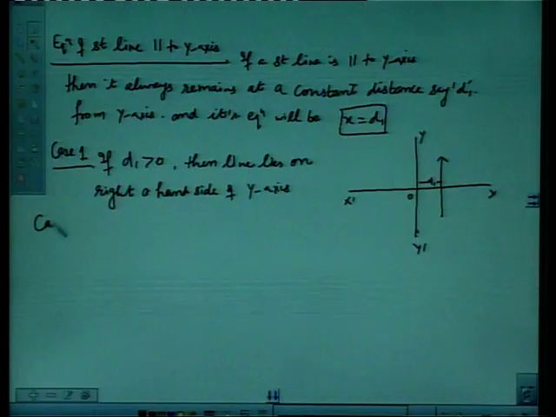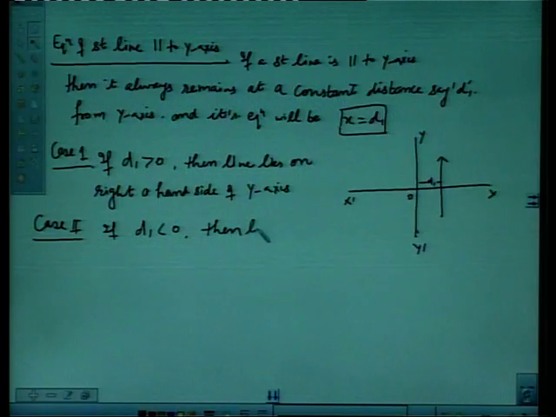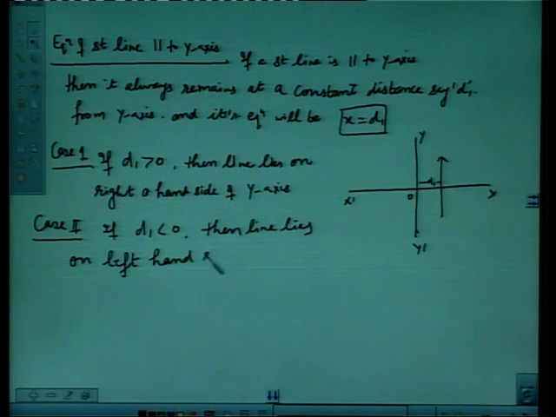Case 2, if d1 is less than 0, then the line lies on the left hand side of y axis. Means if d is less than 0, then the straight line will lie here.